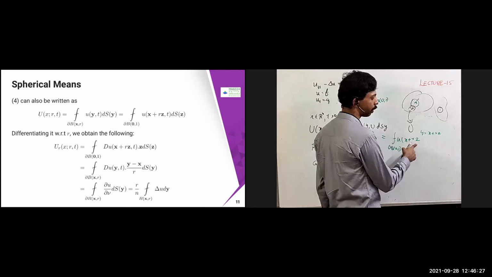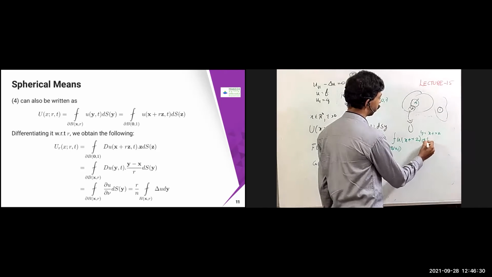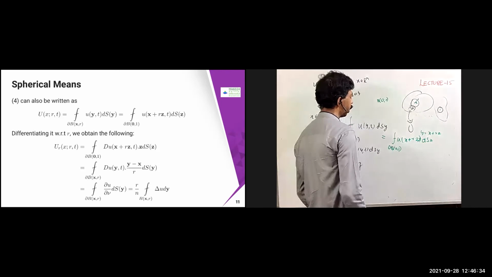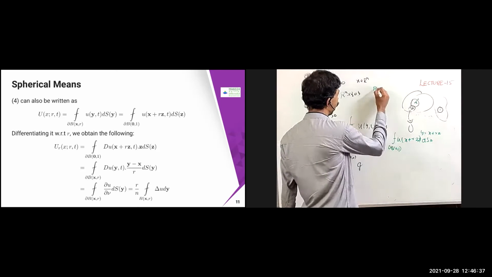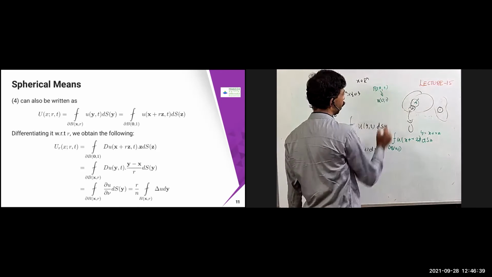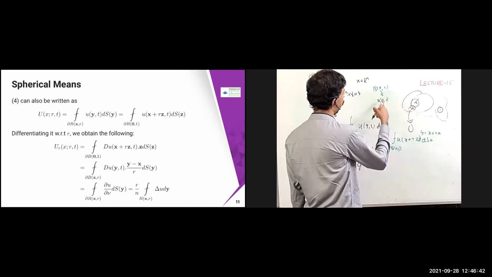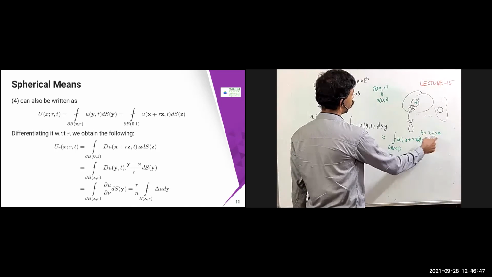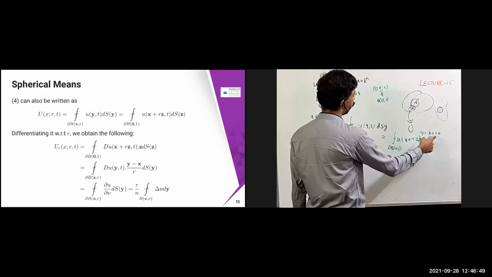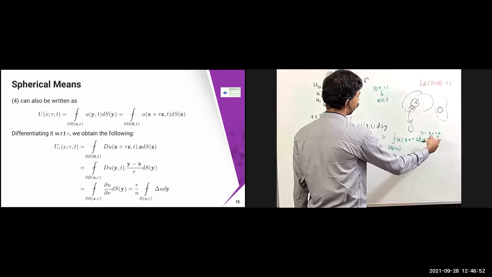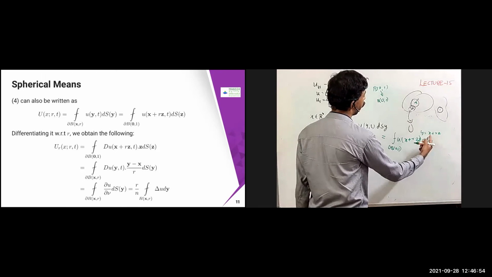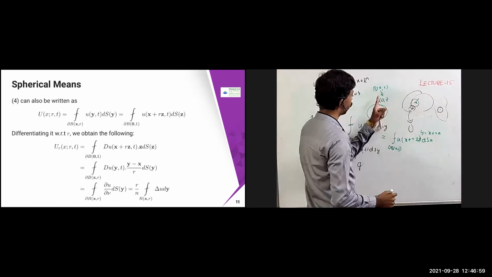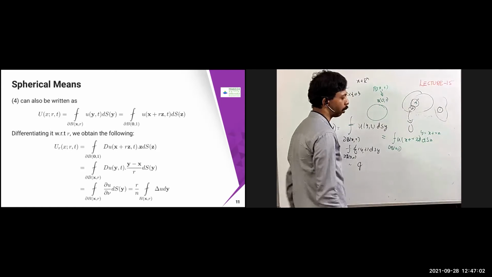Wherever y is there, I'm just replacing it with x plus r z. So the problem on B(x, r) I'm transforming into B(0, 1). If I put z equal to 0, x is going to be there, and r is going to come, so the entire domain can be appropriately chosen and transformed over here.